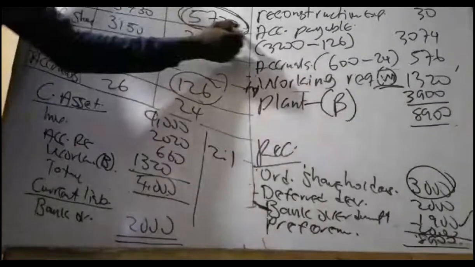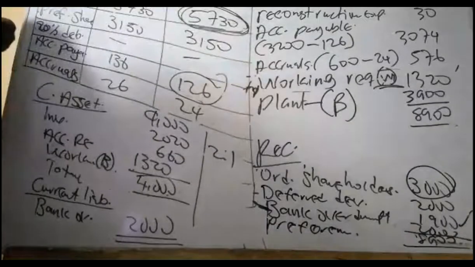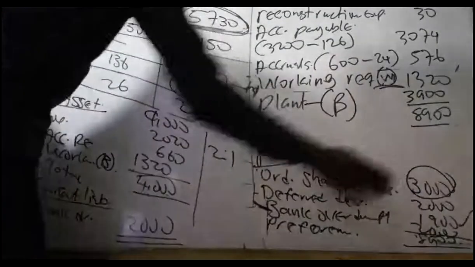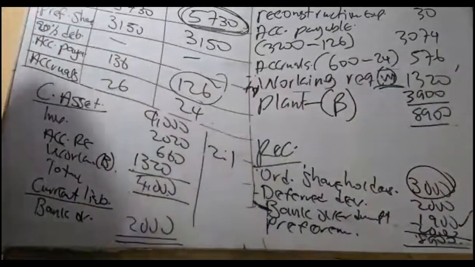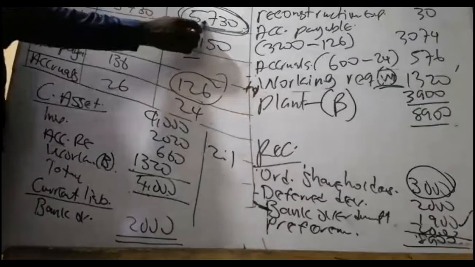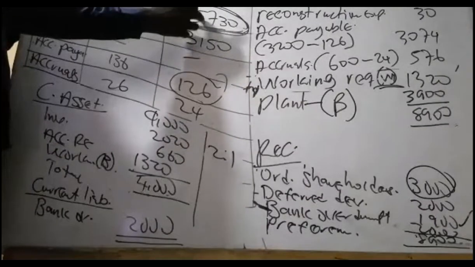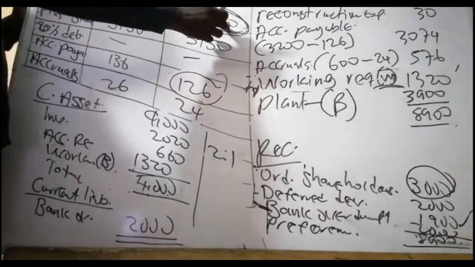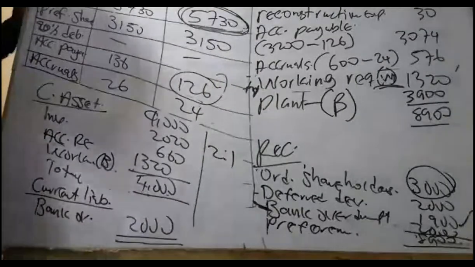But if you look at this, that is their capital investment. So it means that they are losing everything, and they are bringing 3 million. So that's the first point. Ordinary shareholders are losing all their investment, which is the 5730.